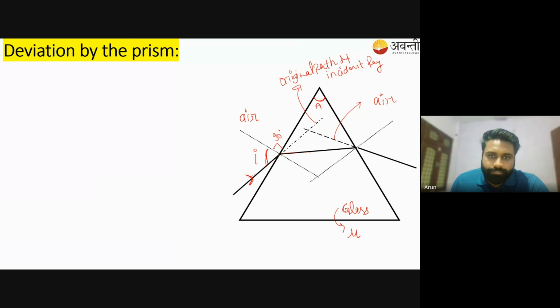So this is angle I. After refraction it bends towards the normal. This angle is R1. This angle again is R2.